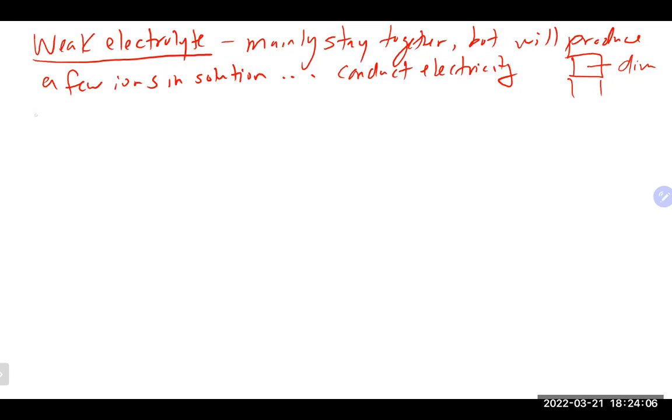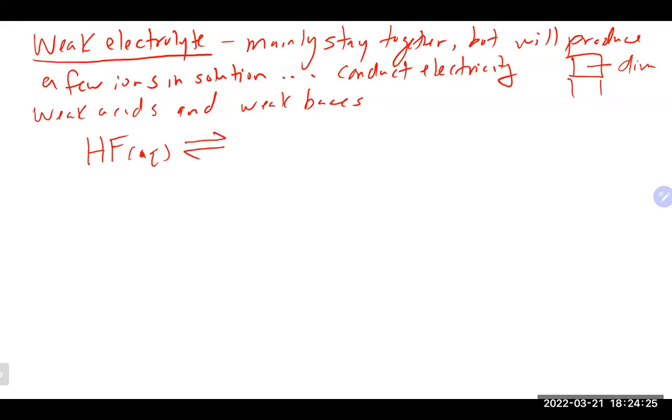A lot of weak acids and weak bases are weak electrolytes. So for example, HF, which is hydrofluoric acid, is a weak electrolyte. When it breaks apart in solution, it will break apart into H+ and F-.